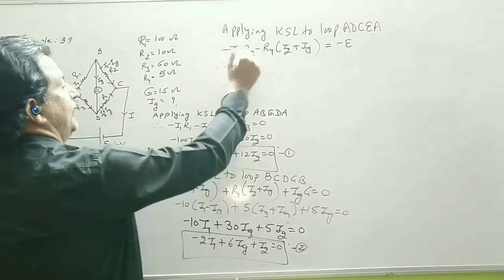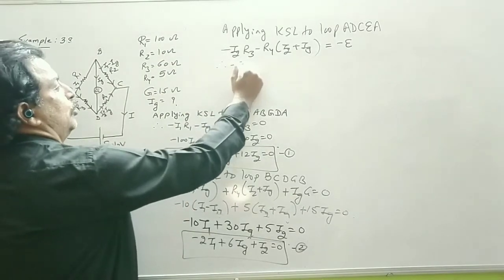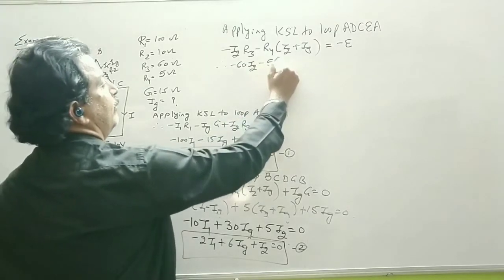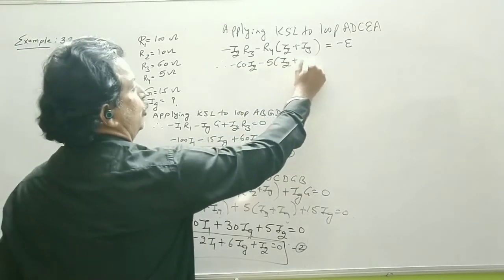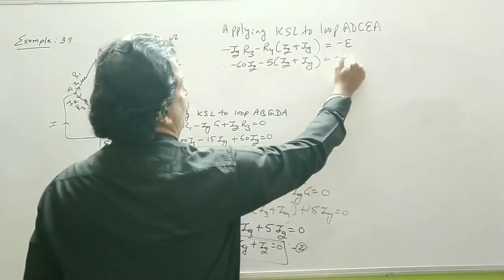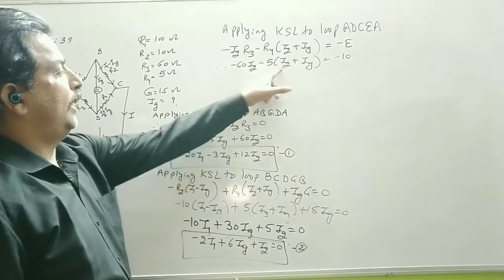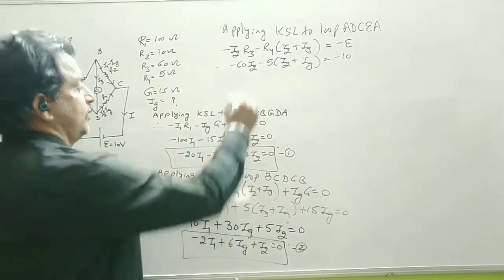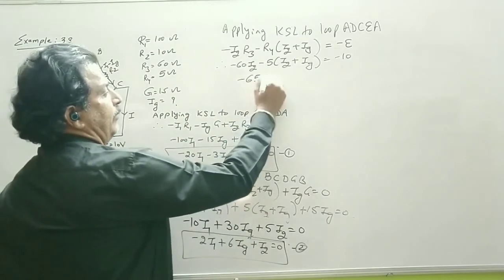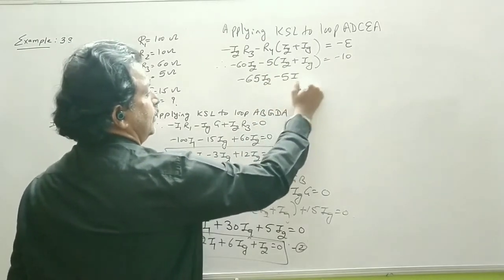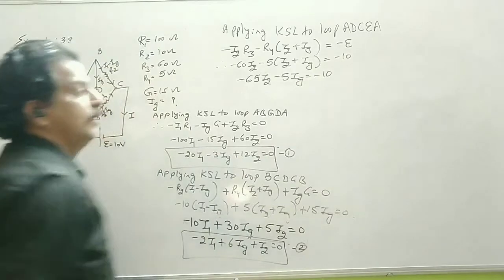Therefore R3 is 60, so minus 60 I2 minus R4, which is 5, times I2 plus IG, equal to minus 10. We open the bracket: minus 5 I2 minus 60 I2, that is minus 65 I2, minus 5 IG, equal to minus 10.